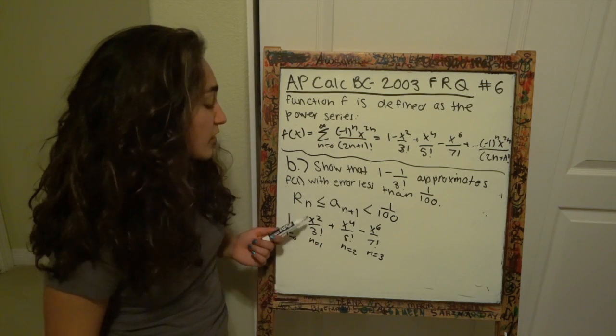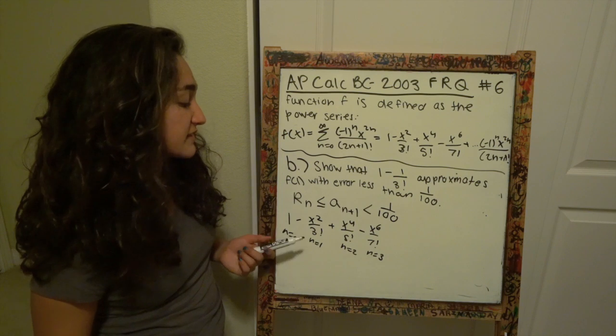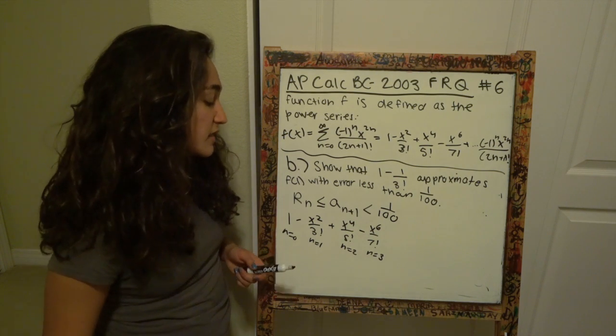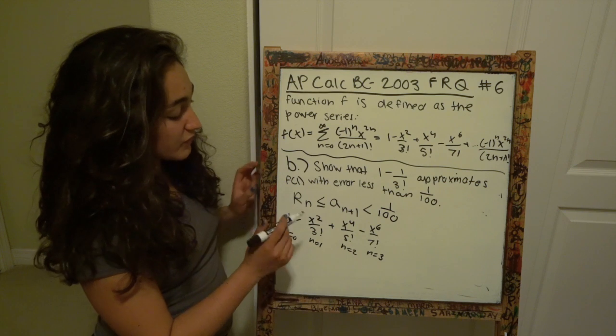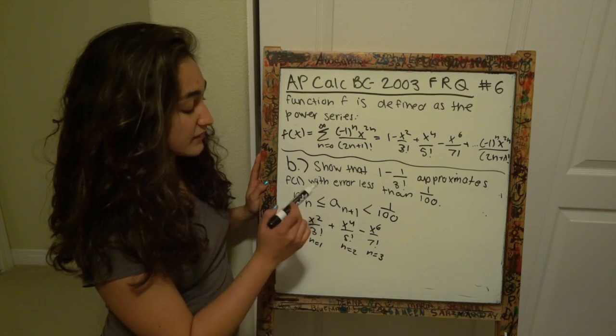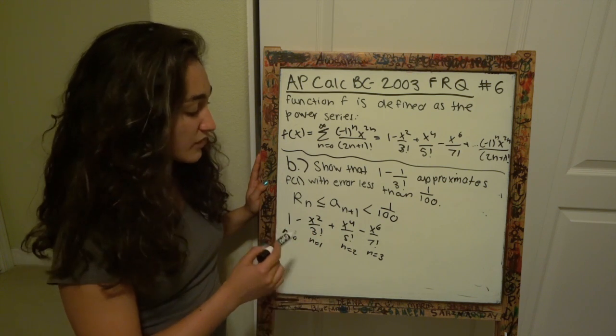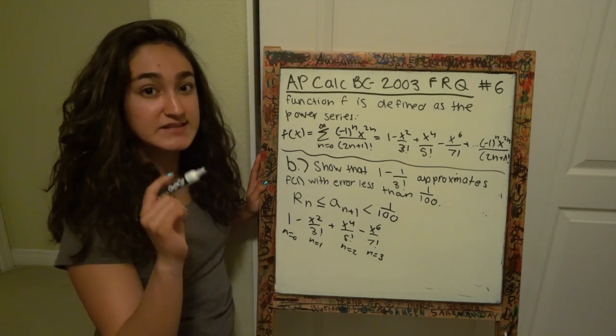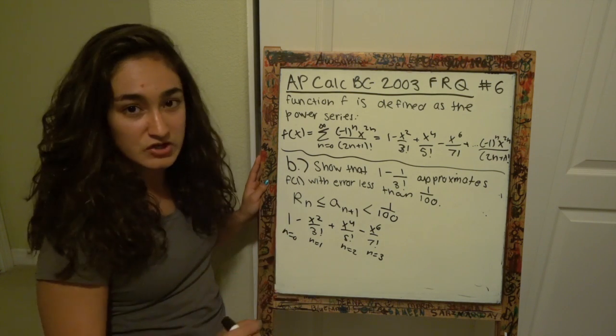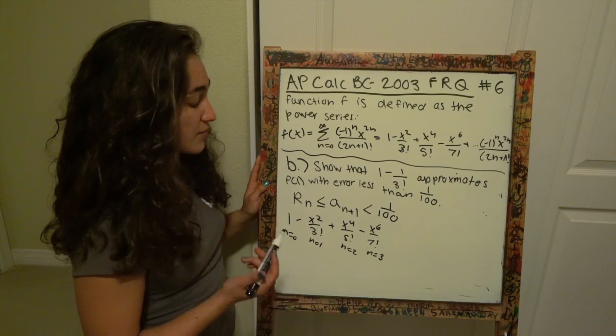So our error inequality, R_n less than or equal to a_(n+1), basically means that for whatever term where we plug in 1 and get something less than 1 over 100, we are going to use up to that many terms, excluding the one that was less than 1 over 100, to find the error in our power series.